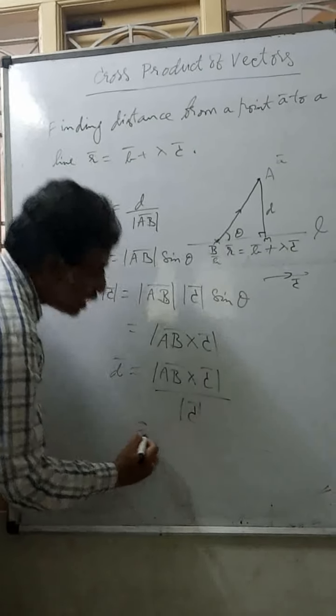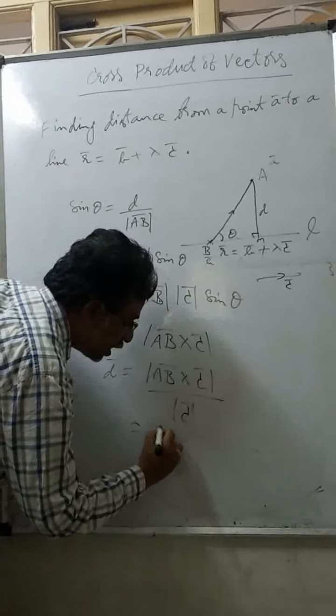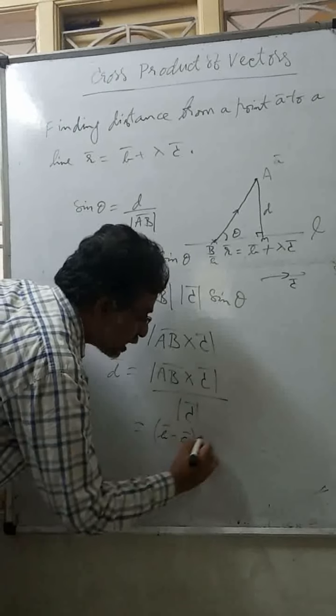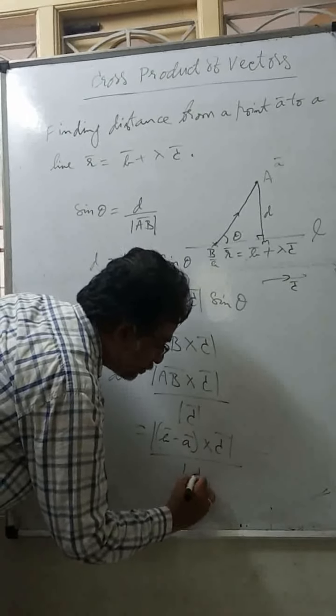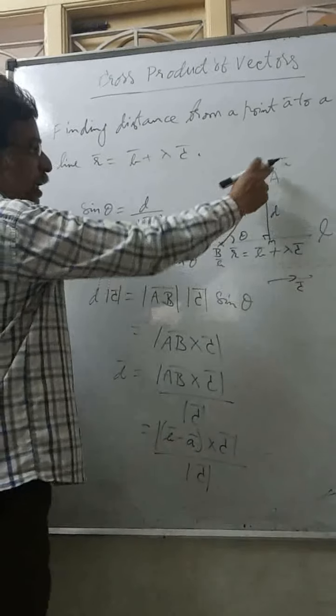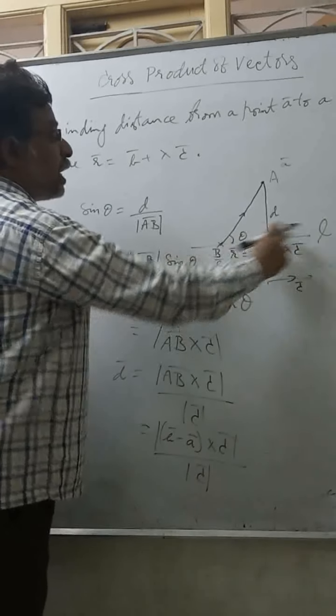So if you substitute, the modulus of B bar minus A bar cross C bar by mod C gives me the perpendicular distance from a point A to a line.